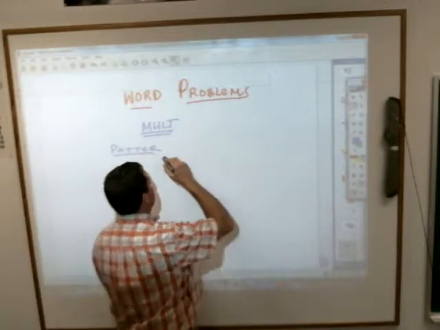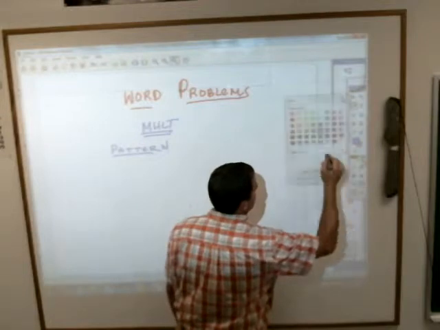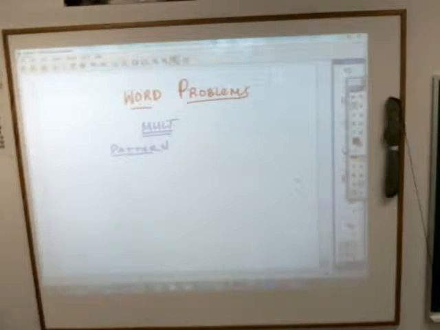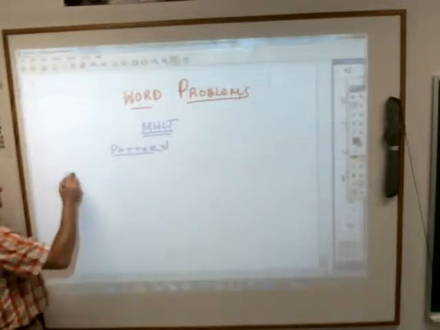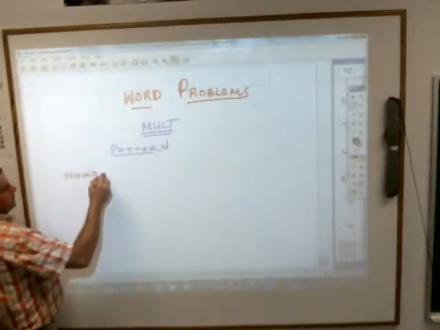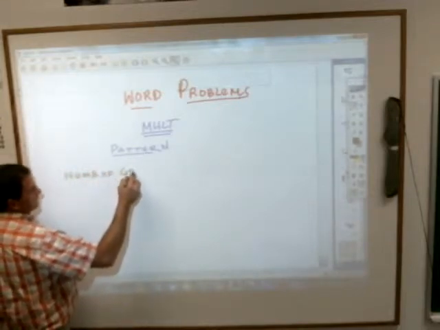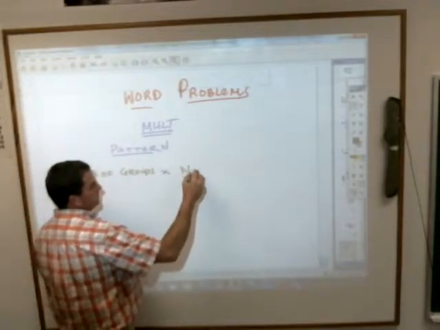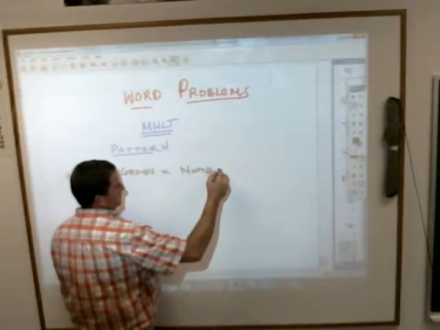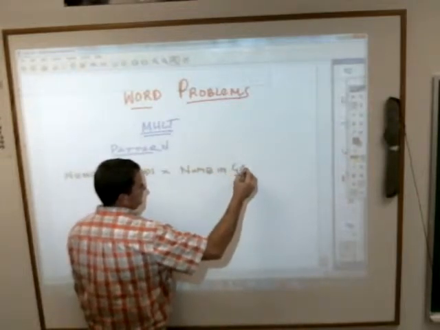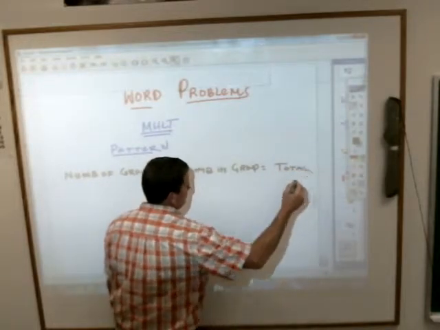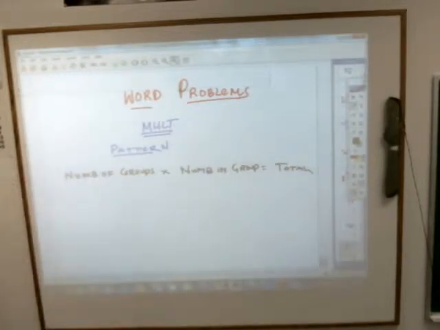The pattern is, as best we can write it, the number of groups times the number in each group equals the total. That is the basic pattern that you will find with multiplication word problems.